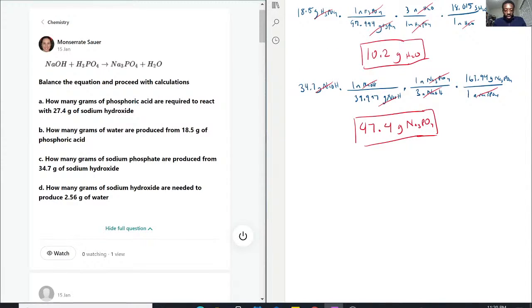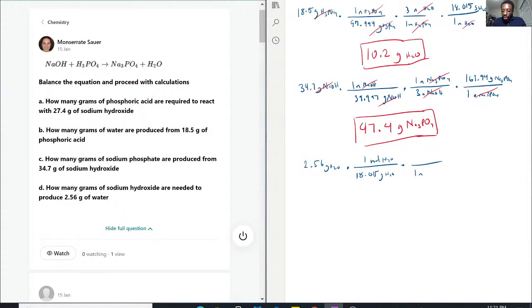And now for the last part, we have: how many grams of sodium hydroxide are needed to produce 2.56 grams of water? Okay, so now we're kind of going backwards, but still the same premise. So we have 2.56 grams of H2O. And as we remember, 18.015 grams of H2O is 1 mole of H2O.